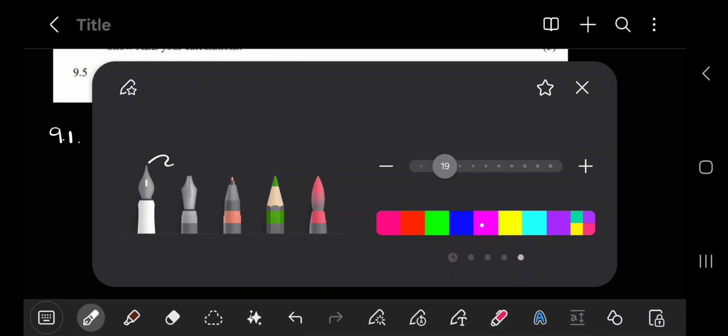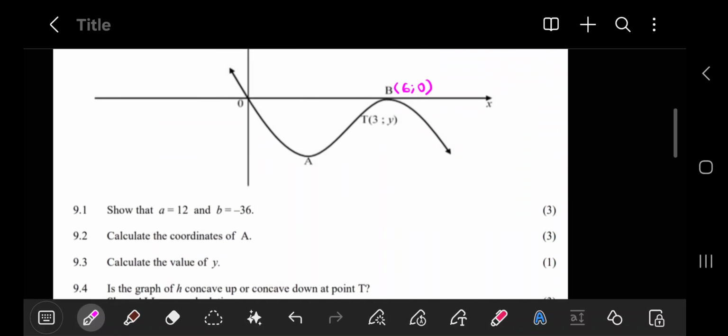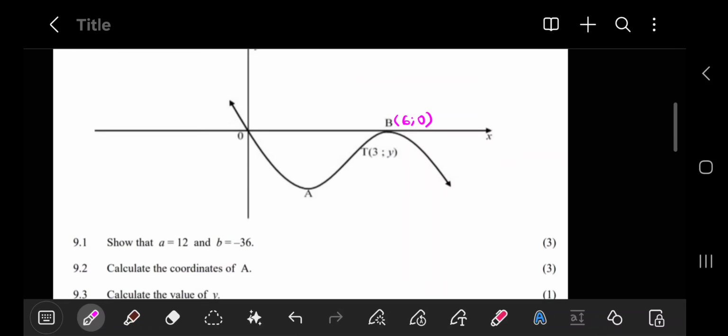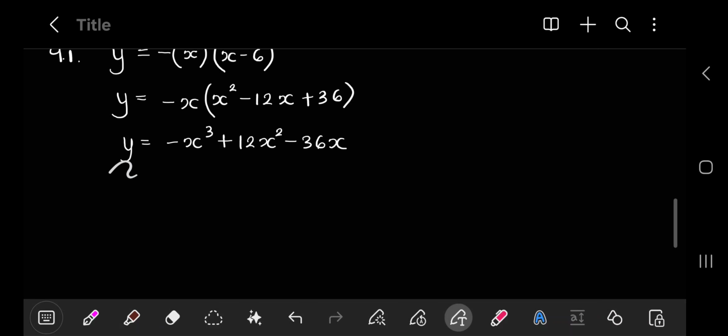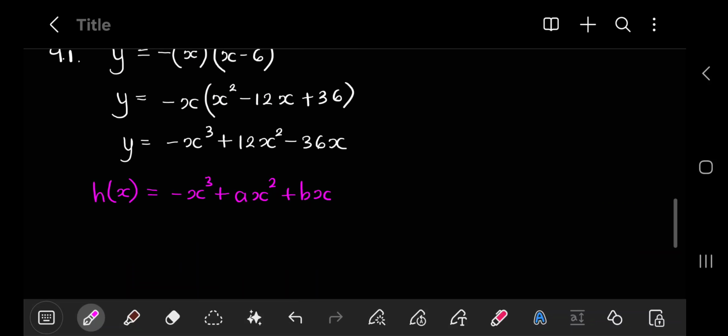Now what I need you to do is match this with the equation that was given initially. Initially what we had was h of x is equal to negative x cubed plus ax squared plus bx, and there was a plus c.